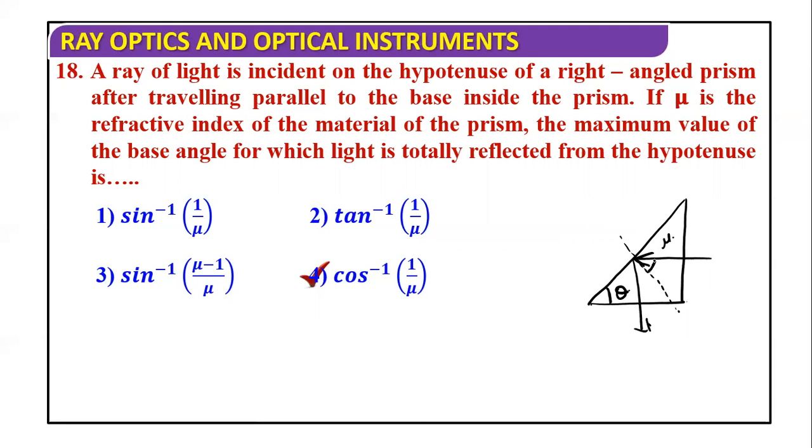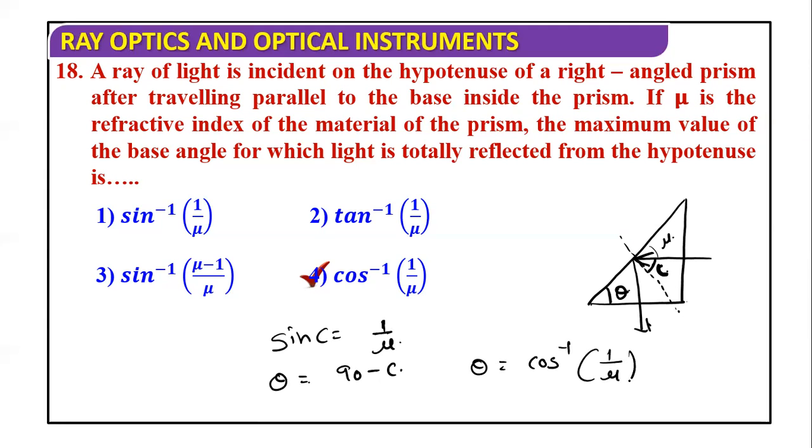So this angle of incidence should be C. Sine C will be 1 by mu. This is the angle made with normal. So theta can be written as 90 minus C. So theta is equal to cos inverse 1 upon mu. So fourth option is correct.